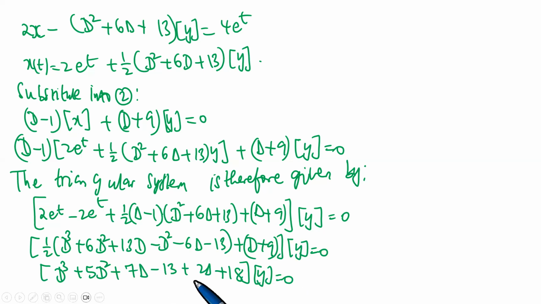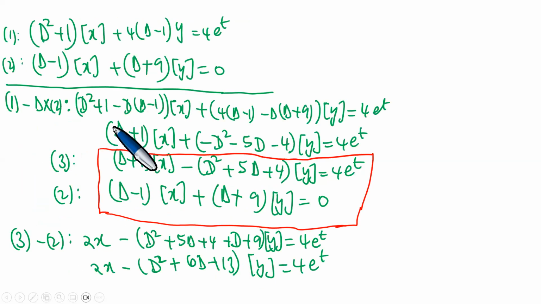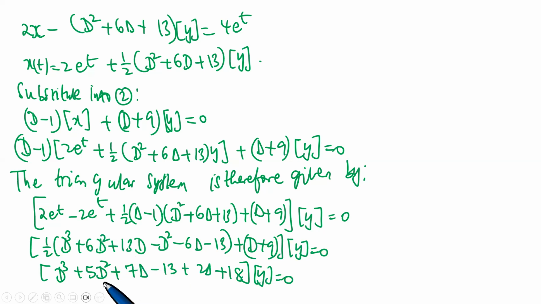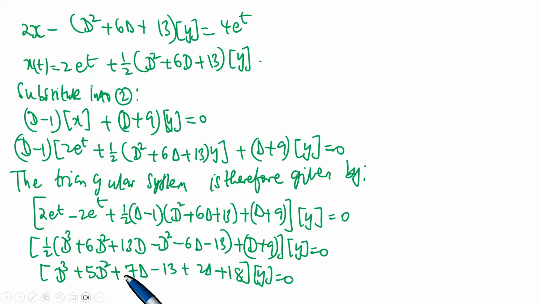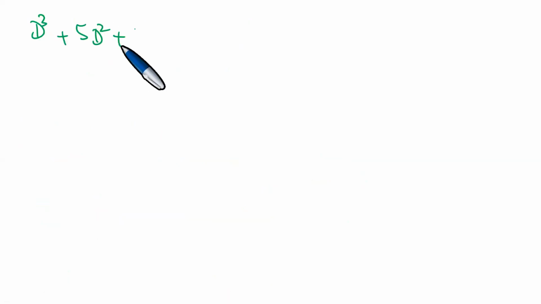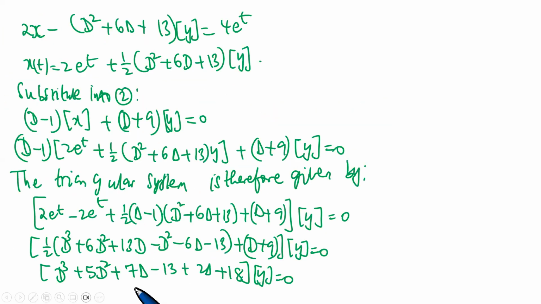So on the next page, you're going to write this equation. D cubed plus 5d squared. And then now we're done. We can even add things up, like the 7d plus 2d is 9d.